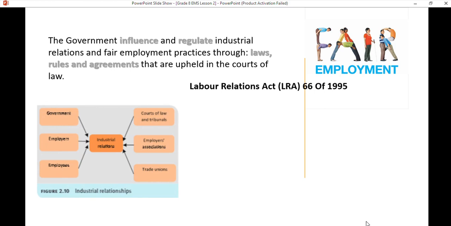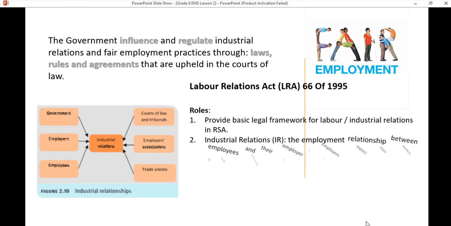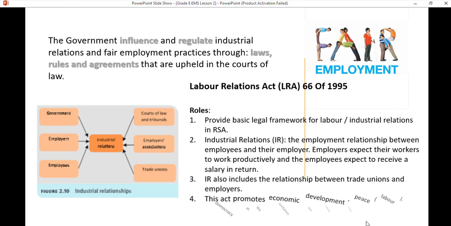So what do we mean with industrial relations? This is the relationship that exists between employers and employees, as well as employers and trade unions. So the government established this act, the Labour Relations Act, LRA number 66 of 1995, and they wanted to achieve the following. They wanted to provide a basic legal framework for these relationships in South Africa.